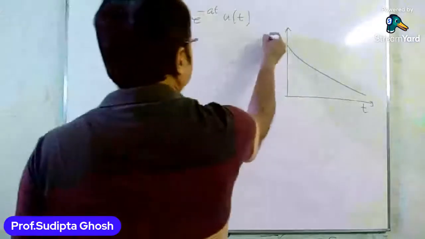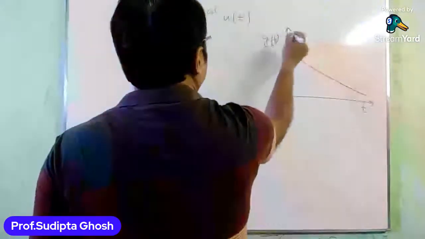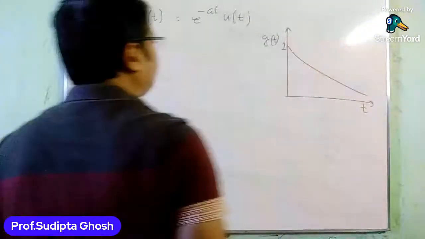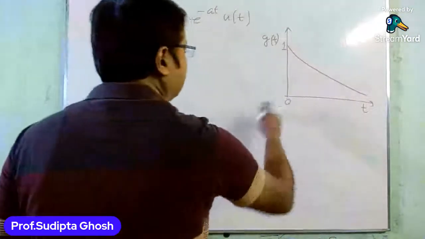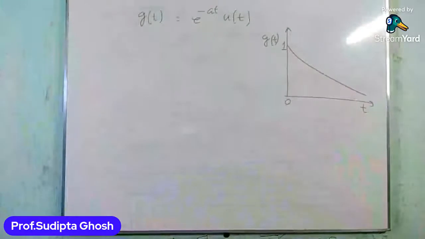So for the function g of t, here the value is 1, and then as time increases, the value of the function decreases exponentially, because of the term e to the power minus a t.